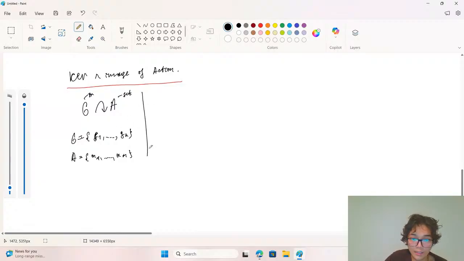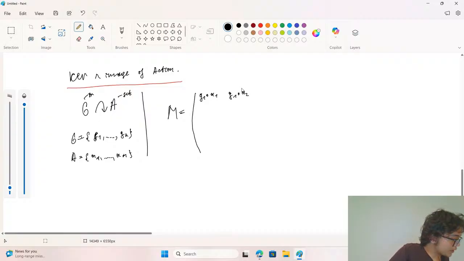Then I consider the matrix M, consisting of all the images: G1 acting on element A1, G1 acting on A2, and so on until G1 acting on AM.